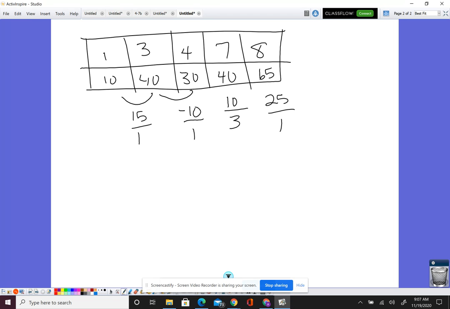So the interval from 7 to 8 would be the largest interval, and the rate of change would be 25. Basically, I'm just calculating the slope between each of the points.